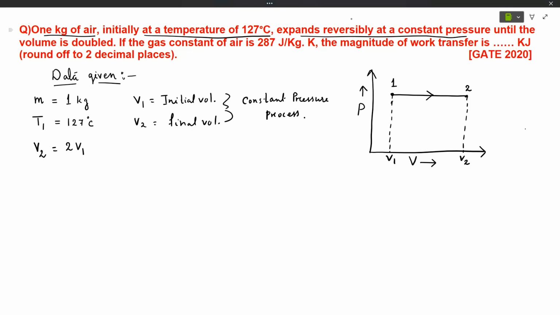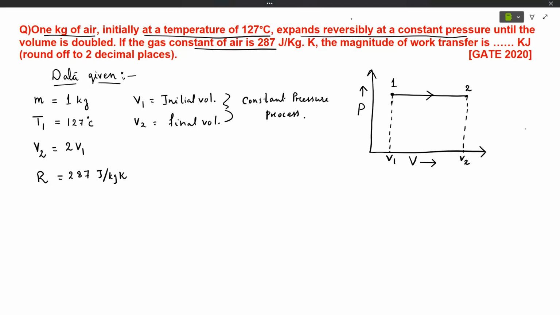Next data given is the gas constant of air, that is considered to be R, equal to 287 joule per kg Kelvin.